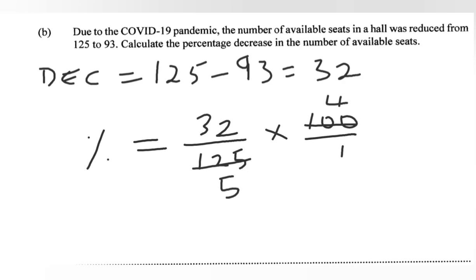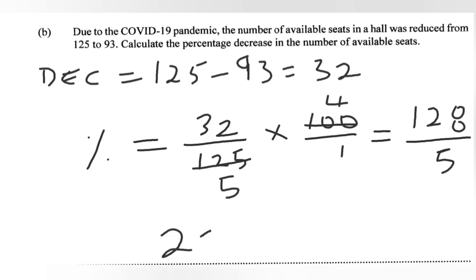So we're going to multiply across. So 4 times 32 gives us 128. And we're going to divide that by 5 times 1, which is 5. So dividing 128 by 5, we're going to get 25.6%.